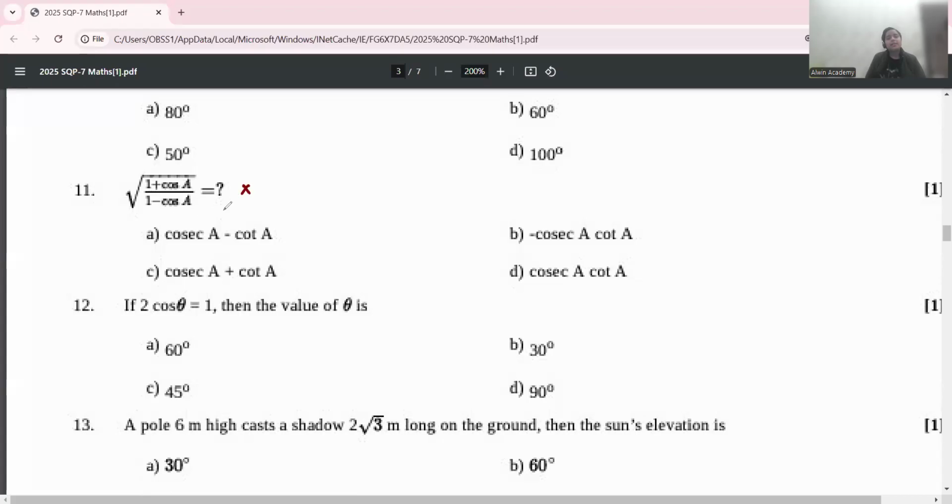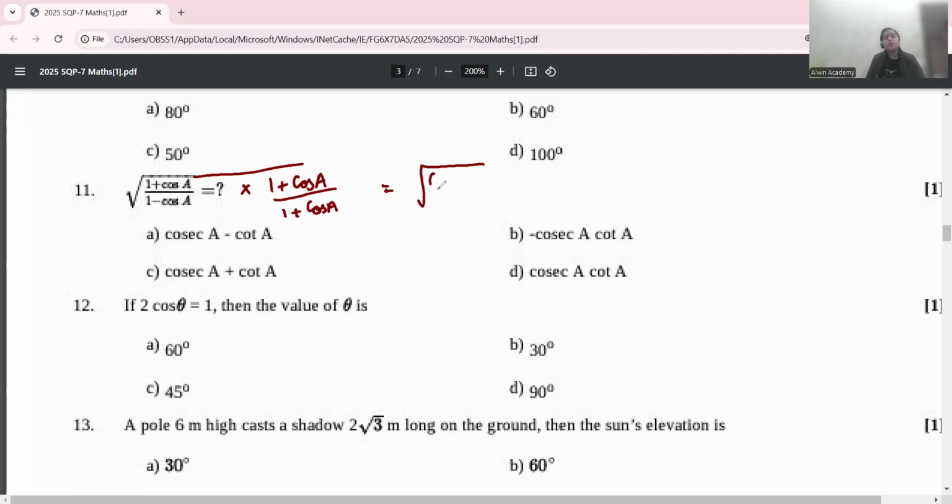I multiply this complete expression with 1 plus cos A by 1 plus cos A, and this is going whole under the root only currently.